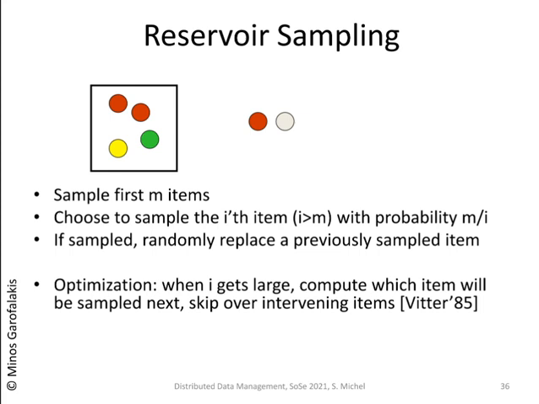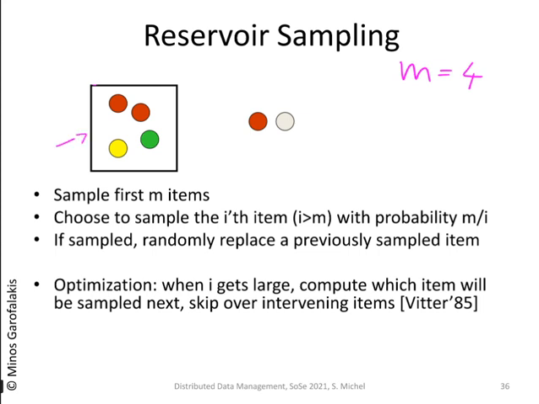The first approach we see here is called reservoir sampling. So the problem is we want to create a uniform sample of size m. Let's say in this example here m equals 4. So you see here in this box, this is our reservoir, and we initialize this reservoir with the first m entries from our data stream.